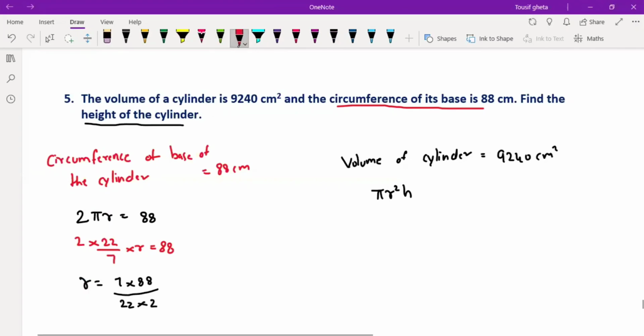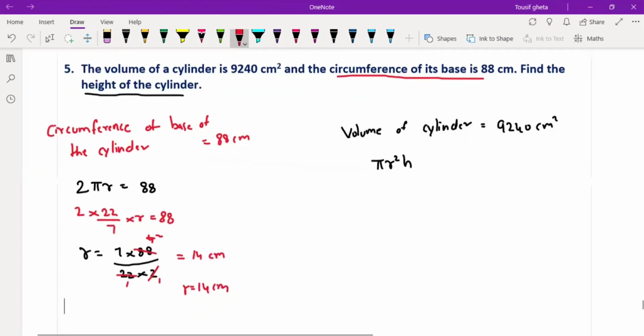Let us do a bit of cancellation. 22 ones are 22, 22 fours are 88, and 2 ones are 2, 2 twos are 4. So we get the radius as 14 centimeter.